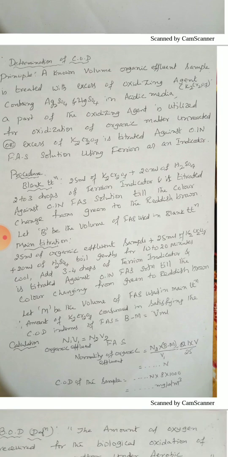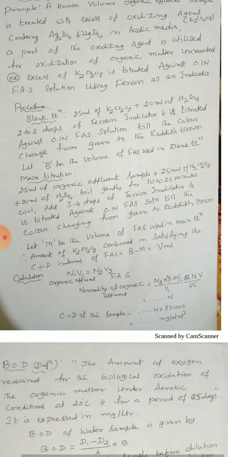Coming to the procedure, there are two steps: the blank titration and the main titration. For the blank titration, take 25 ml of potassium dichromate, the oxidizing agent, and 20 ml of sulfuric acid containing silver sulfate and mercuric sulfate.